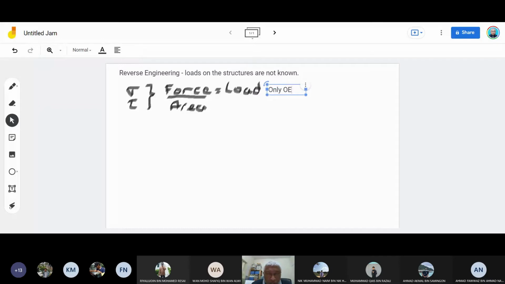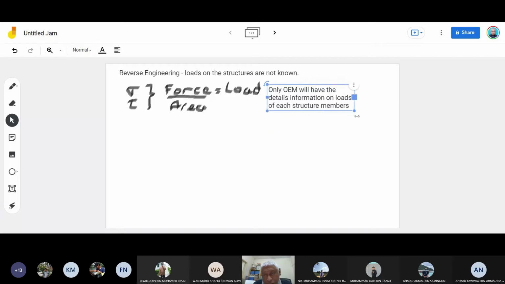Only the OEM will have the detailed information on loads of each structure member.